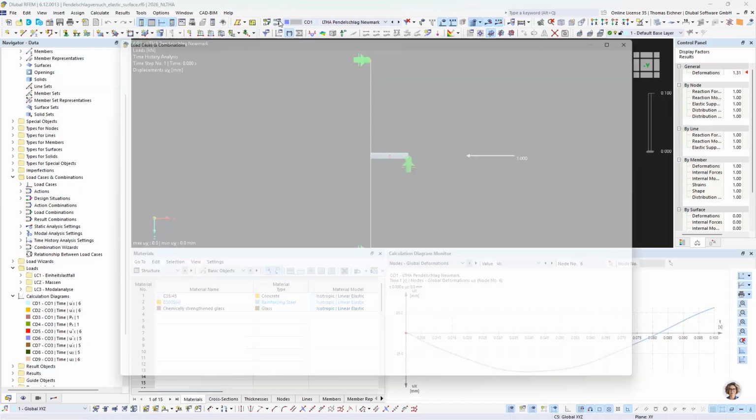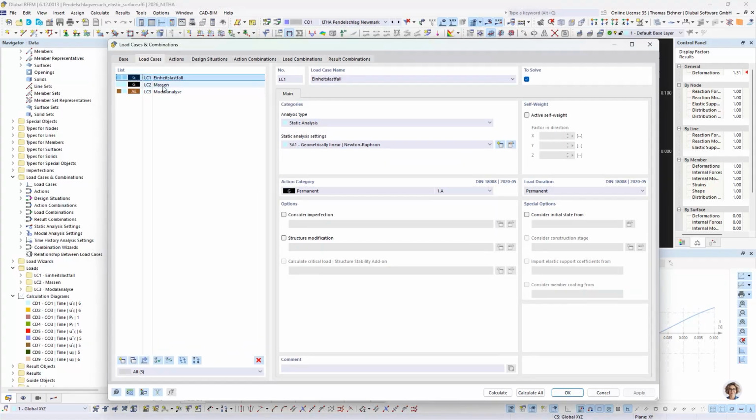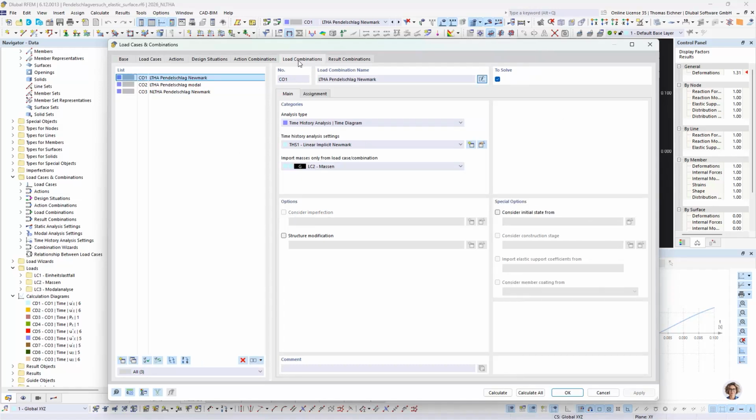Maybe we can go also for our time history analysis settings. As I said, we have the masses defined in our mass load case 2. We have our unit load case with 1 kilonewton. Now we will go for a load combination where we defined, well, they are all the same. The only difference will be the time history analysis solver.